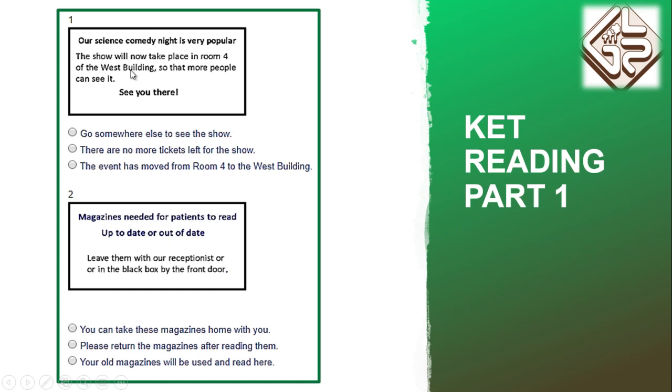The first exercise says, our science comedy night is very popular. The show will now take place in room 4 of the West Building so that more people can see it. See you there. So, what is this advertisement trying to tell you?